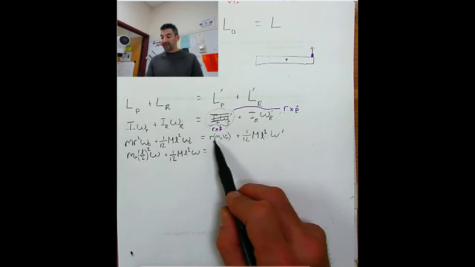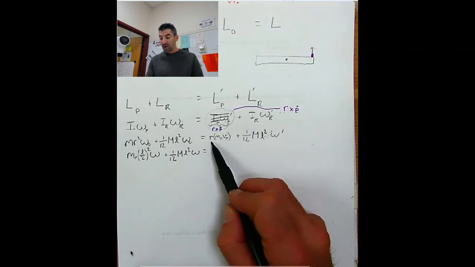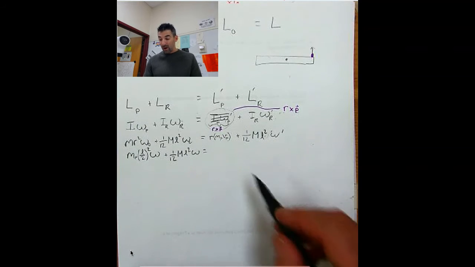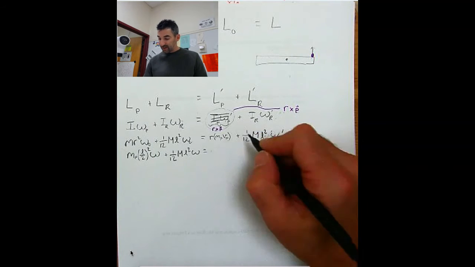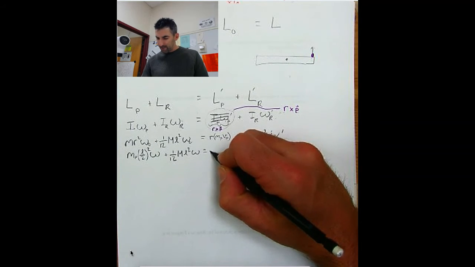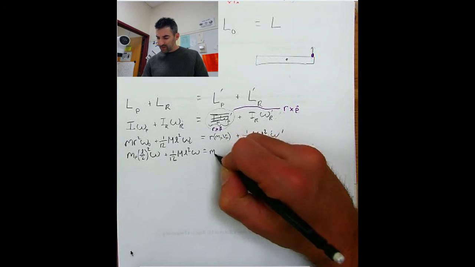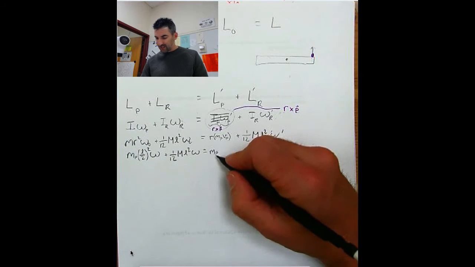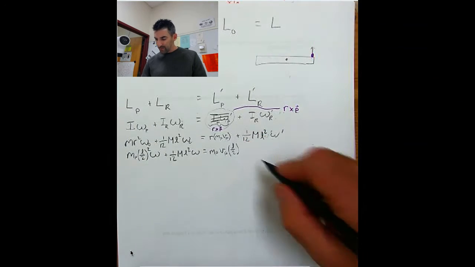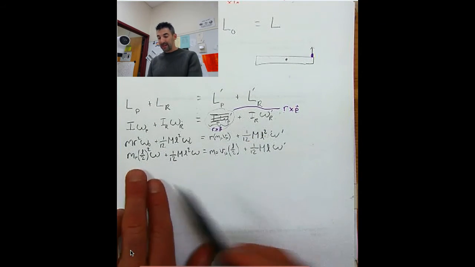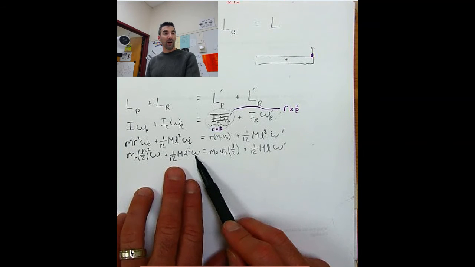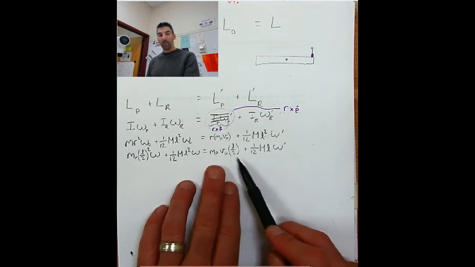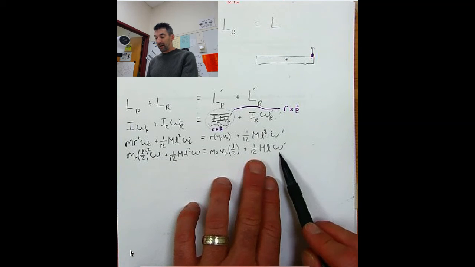So I'm calculating its angular momentum of a particle, R cross P. Now R is still L over 2. So I should have the mass of my particle times the velocity of my particle times L over 2. This is my momentum of the particle before, my momentum of the rod before, both angularly, momentum of the particle after, momentum of the rod after.